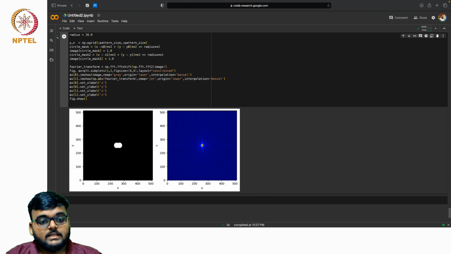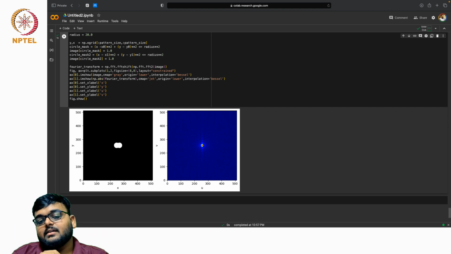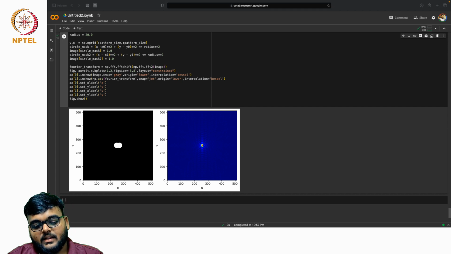Say we have a ring kind of aperture, then what will happen? If we have a crazy aperture like a ring pattern, this is what we will see.